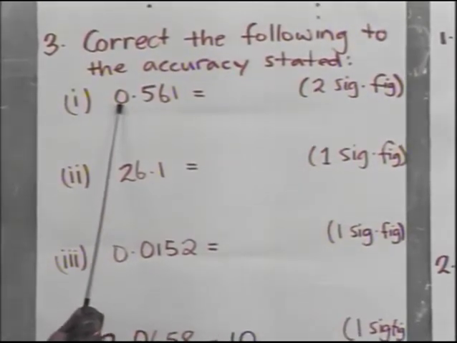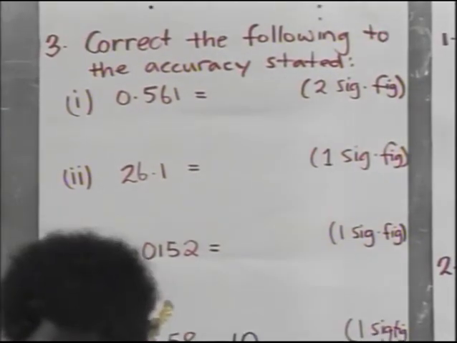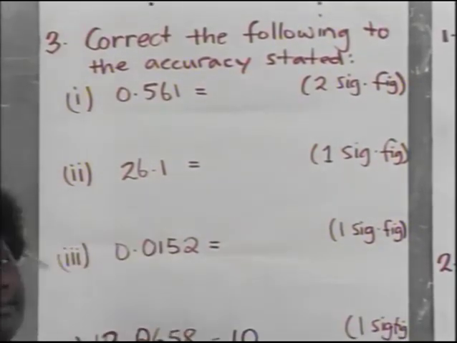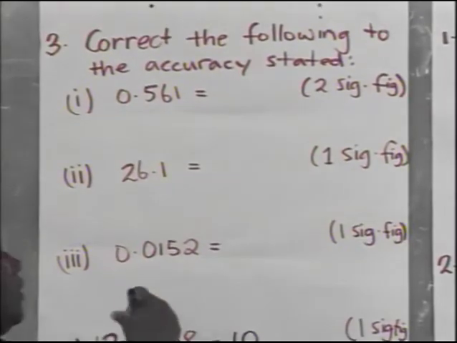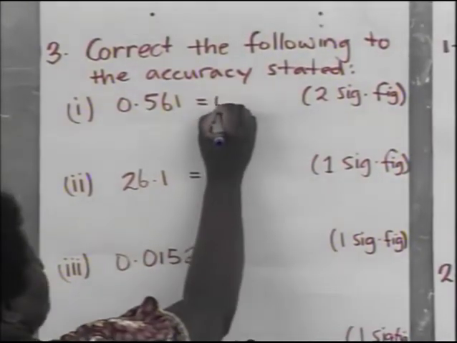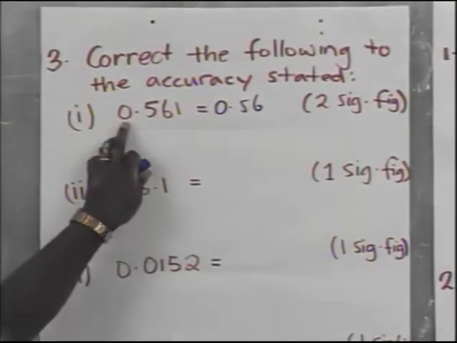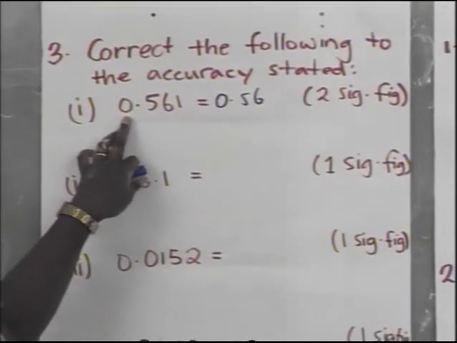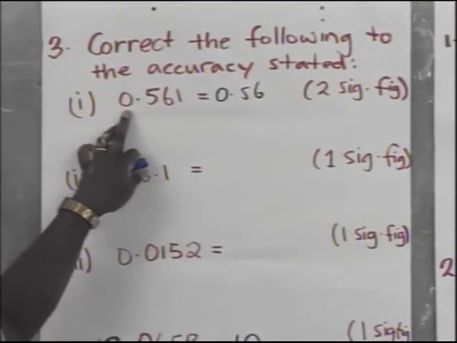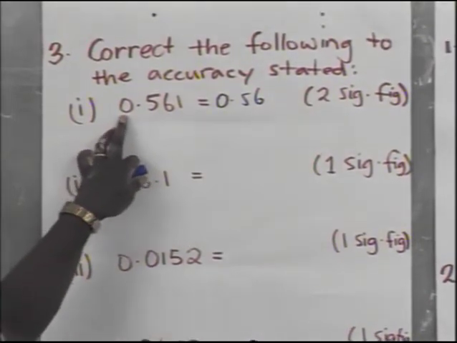If it is 0, that 0 is considered insignificant. You look at the third number, it's less than 5, so the number is going to be 0.56. Again, because this is a 0, it's considered insignificant. If it was a digit other than 0, it would be considered significant.